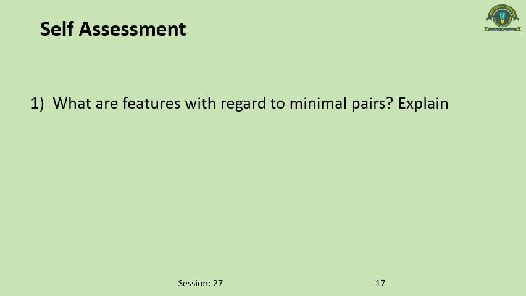what are the features with regard to minimal pairs? That's very simple. You have to explain. I want you to keep in front of you 4 or 5 slides, especially when I was analyzing the sound p and I was trying to bring the phoneme p in different words, and I was trying to match p with other phonemes. So this is what you have to do.